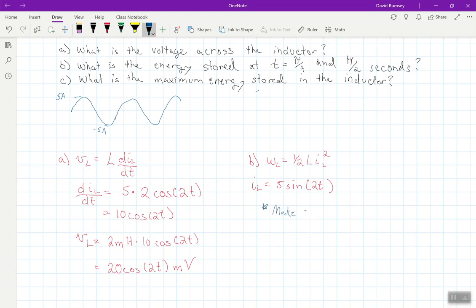Make sure the mode is radians, not degrees, for your calculator. That's critical for us here. If you're using just a scientific calculator, often at the top you'll see DEG for degrees, and then RAD for radians.